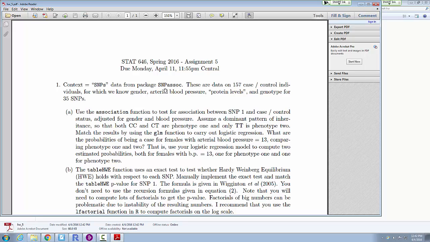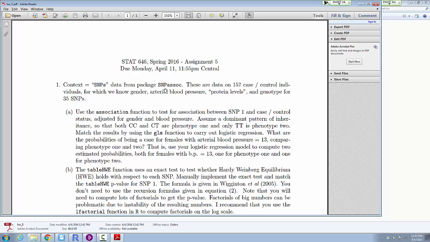So, like we've talked about, you have thousands and thousands of SNP markers across a genome, and we're going to sequence each of those markers. And we will always have some kind of response variable of interest, which could be categorical or could be quantitative.